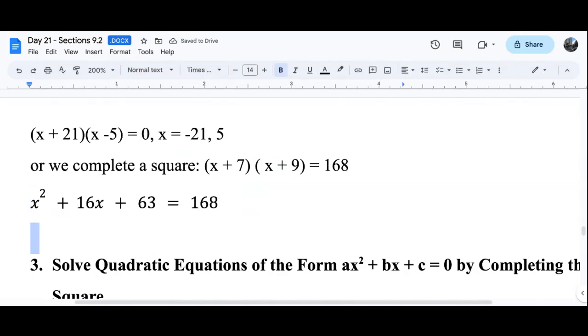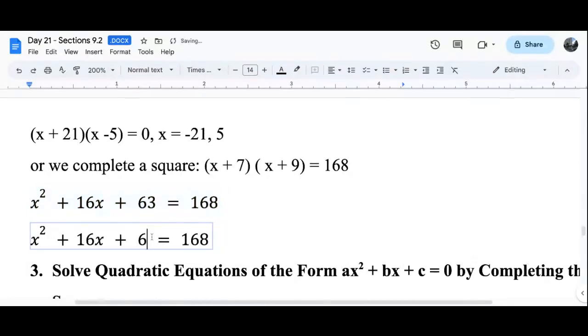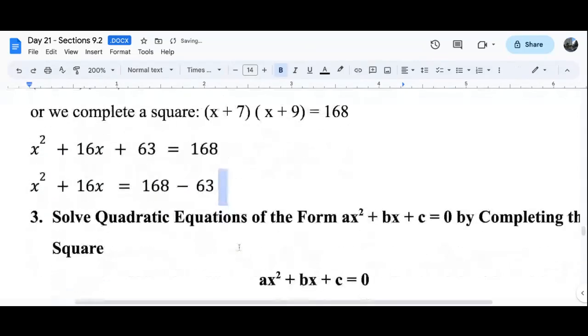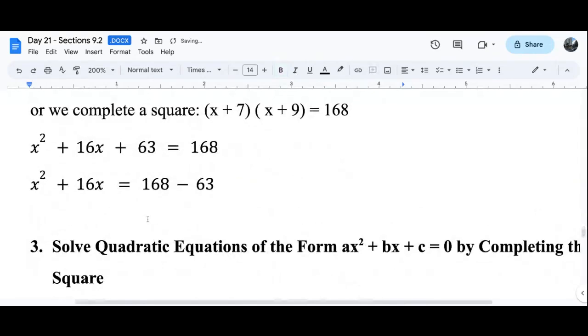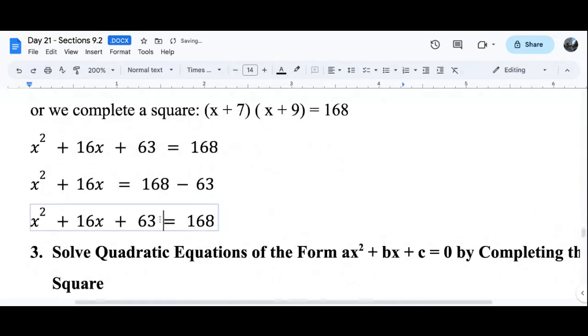So now maybe we move 63 to the other side. So subtract 63 from both sides. 168 minus 63: 8 minus 3, that's 5, so that's 105.